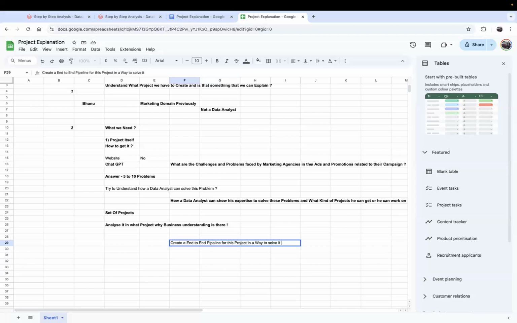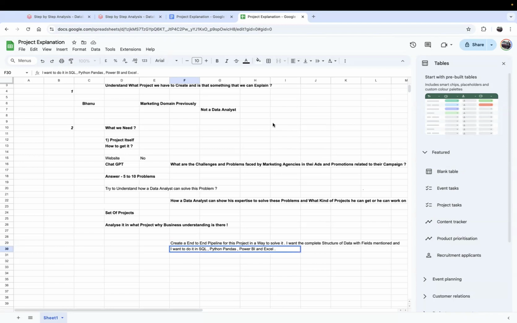So when you write create an end-to-end pipeline for this project in a way to solve it, you have to include here: I want the complete structure of data with fields mentioned, and I want to do it in SQL, Python pandas, Power BI, and Excel.